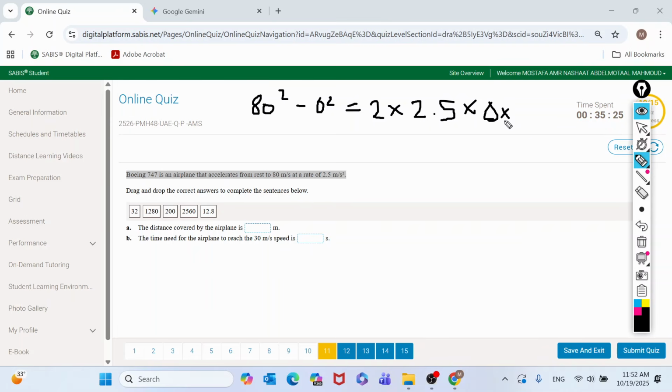Do it on your calculator. Just give me 2 seconds. 80 squared equals 2 times 2.5 times delta x. You get 1280.